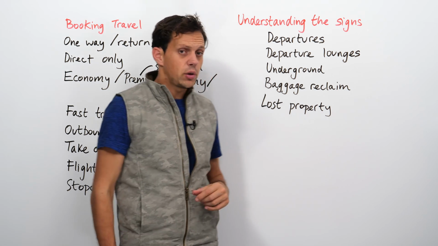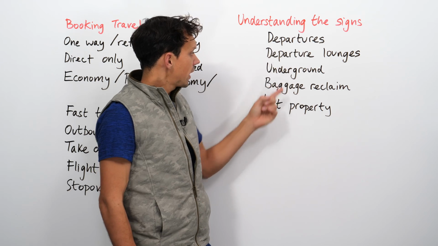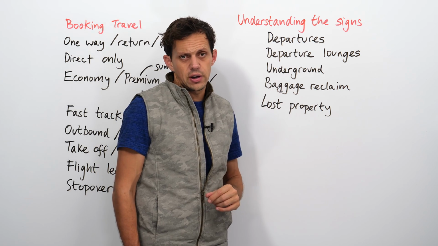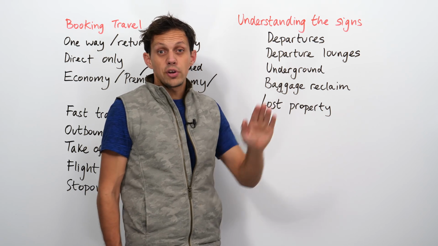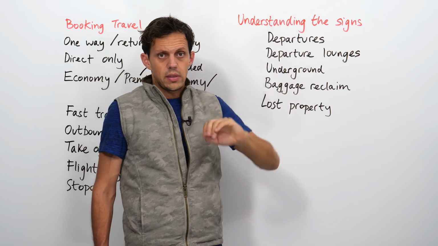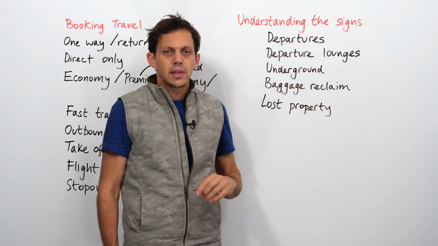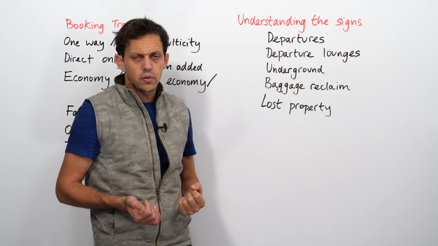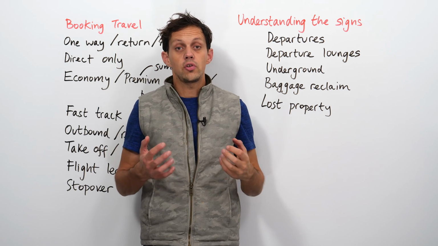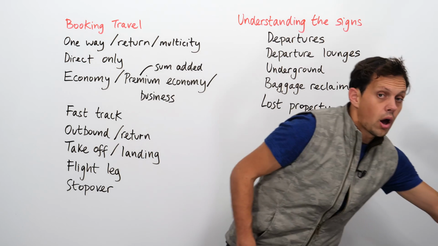That said, if you were to fly into a UK airport, you can expect to see these kind of signs. Departures, yeah? So if you are flying somewhere, that means you are departing and you need to go to departures. If you have come to the airport to collect a friend or family member, then you need to go to arrivals. Let me write that down.